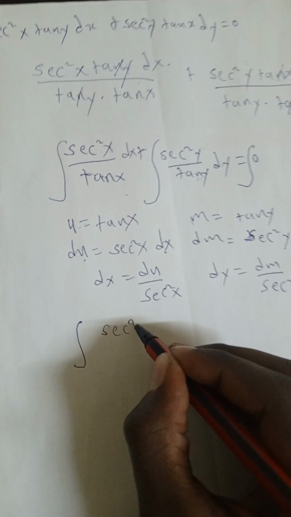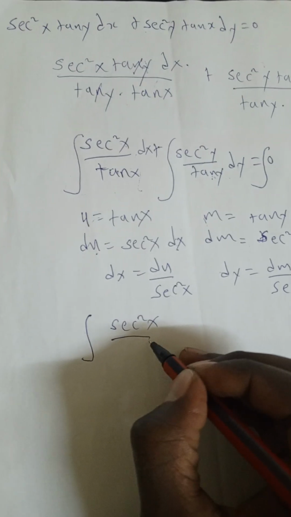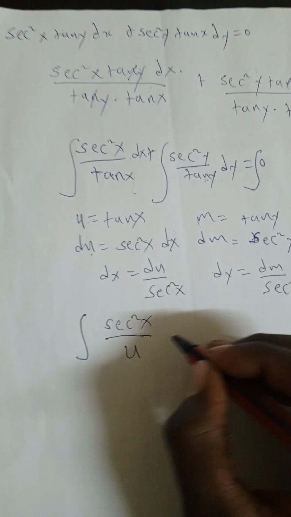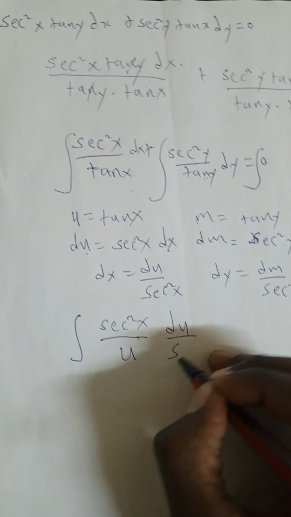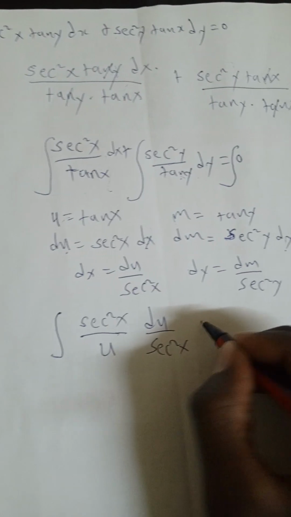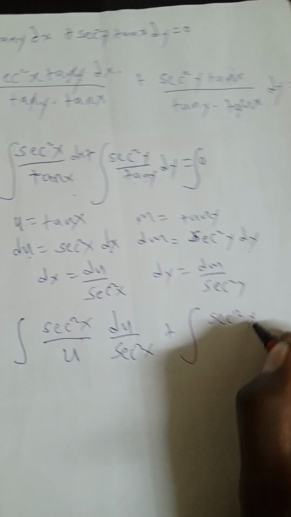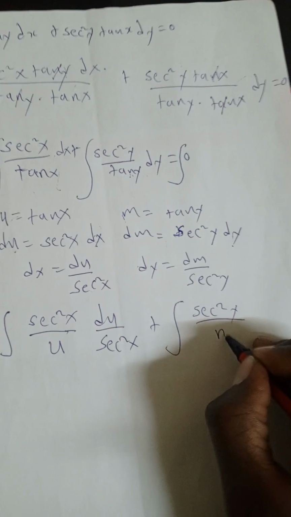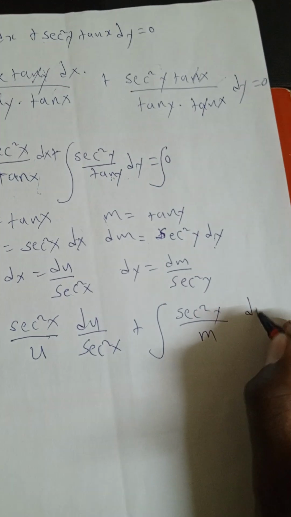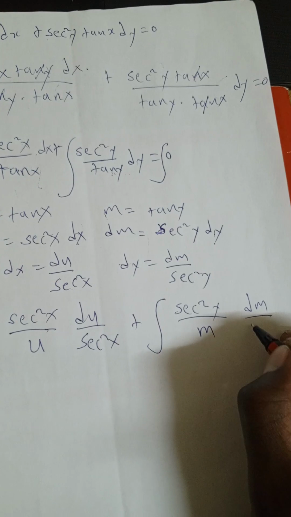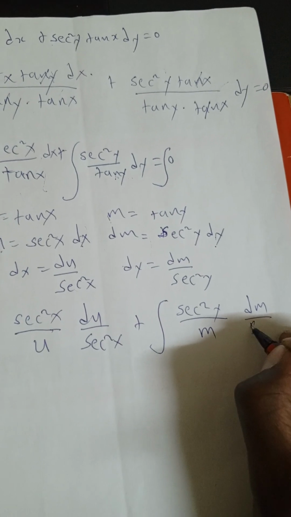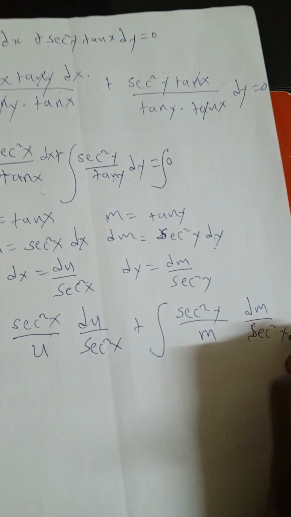So I have sec²x, tan x is the same as u, dx is the same as du over sec²x. This is plus sec²y over m. Now what is dy? Dy is dm over sec²y.